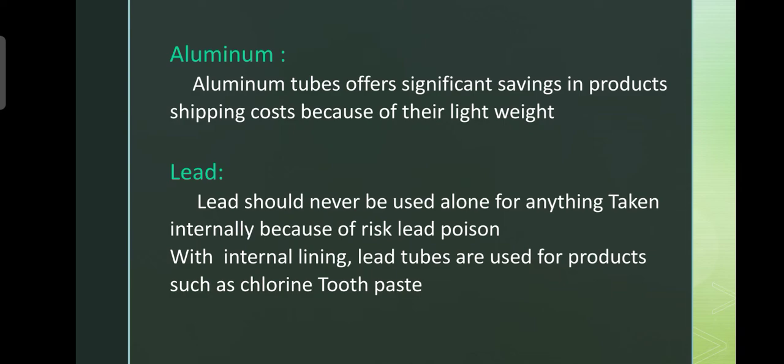Aluminum tubes offer significant savings in product shipping costs because of their light weight. Lead should never be used alone for anything taken internally because of the risk of lead poisoning, so an internal lining is used. Lead tubes are used for products such as fluoride toothpaste.